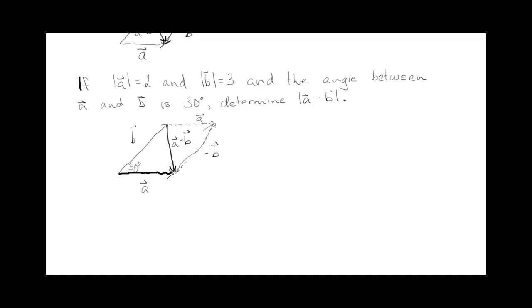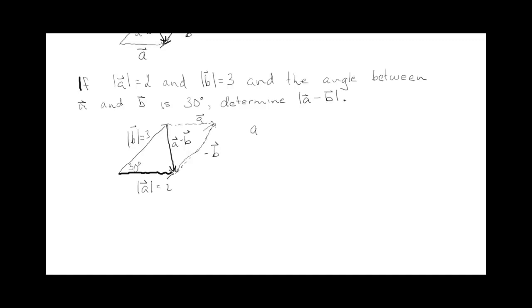Remember that the magnitude of this vector here is 2, and this vector here is 3. So we have a triangle, we have two sides, we have the angle, so we should be able to get this side using cosine law.